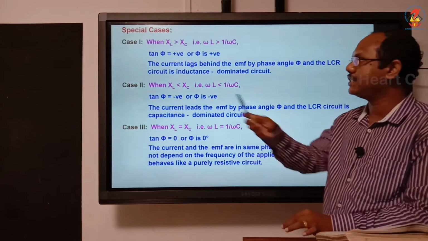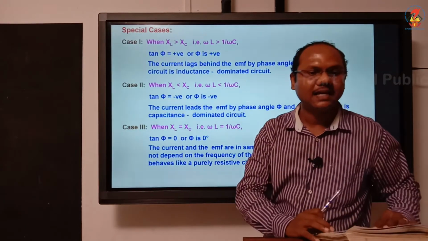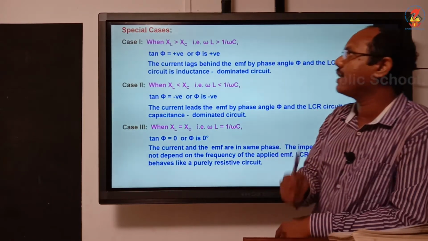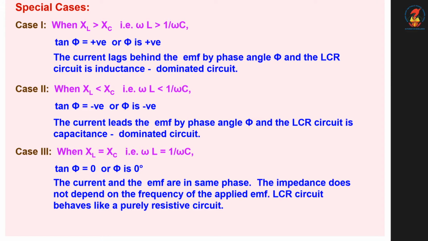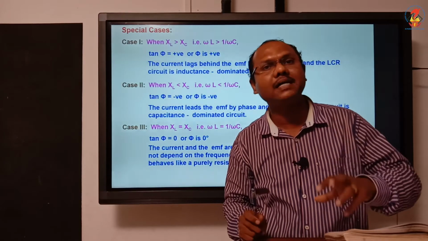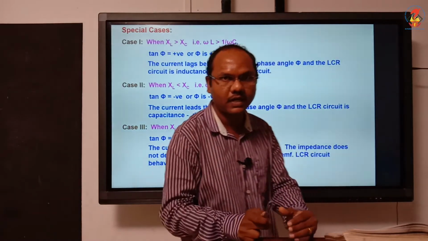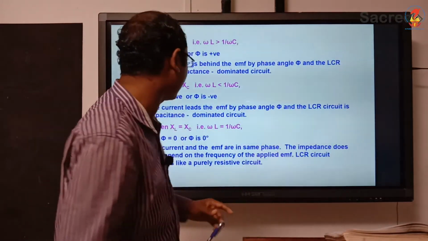So remember that condition. If XL is greater than XC, the LCR circuit is called inductive LCR circuit. Similarly, if XL is less than XC, then tan phi is negative, phi is negative. So current is leading the EMF by a phase angle phi. Then we can say that it is a capacitance dominated circuit, that means a capacitive LCR circuit.